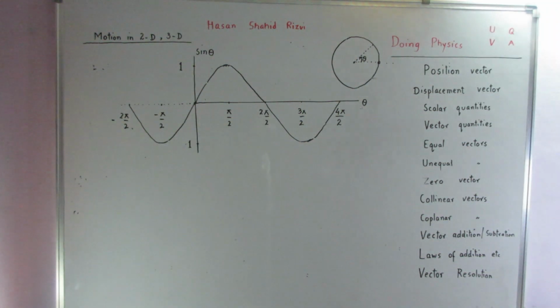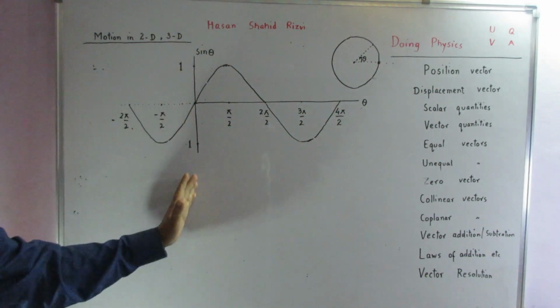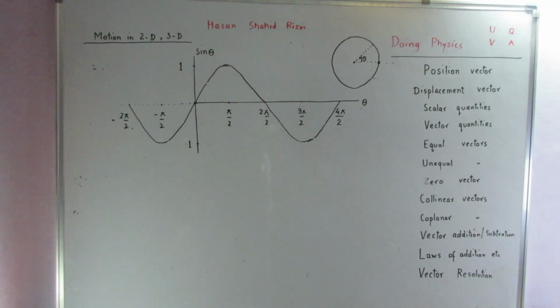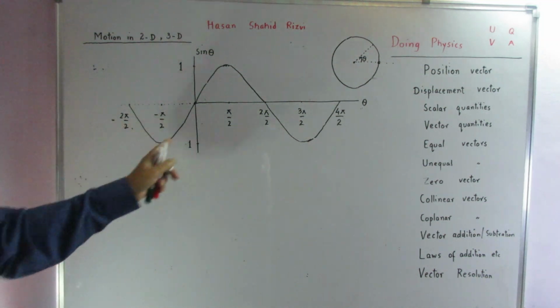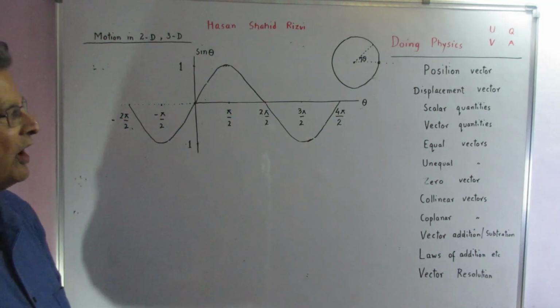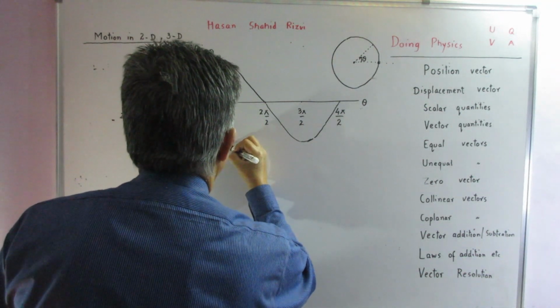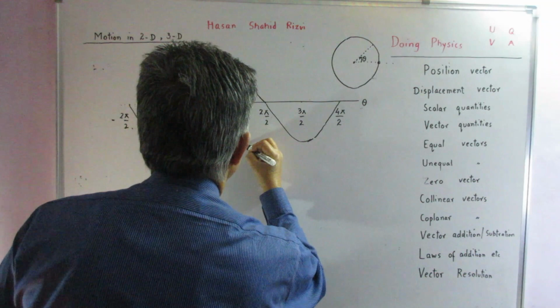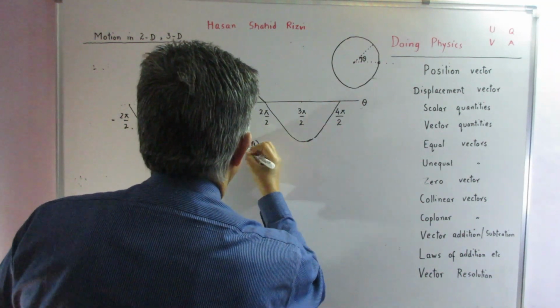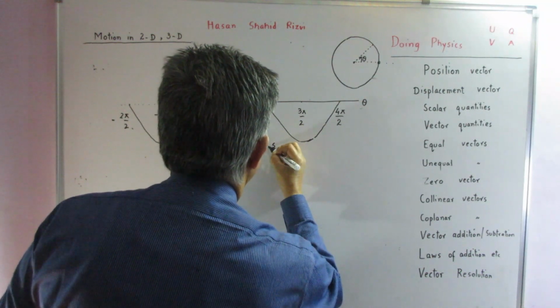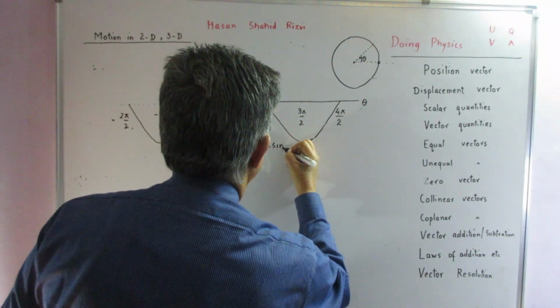Now the curve is not symmetrical about this sine theta axis. It is not symmetrical. So I can say from here that sine of minus theta is equal to minus sine of theta.